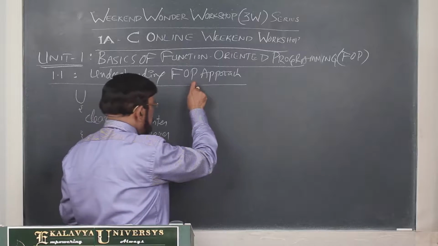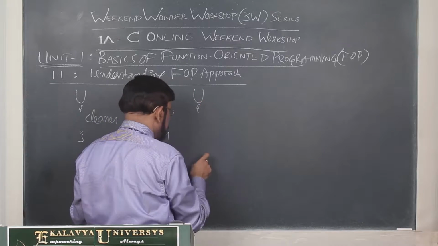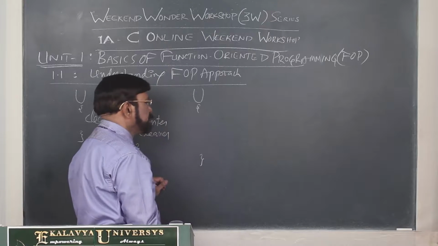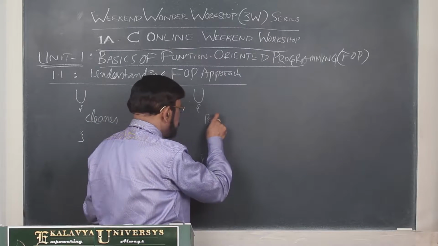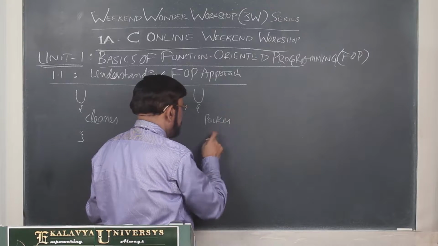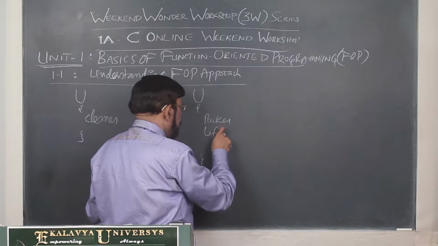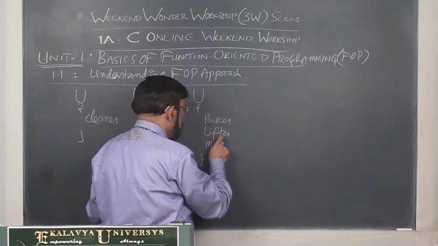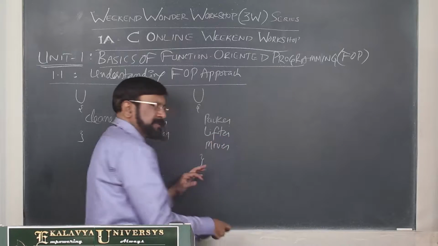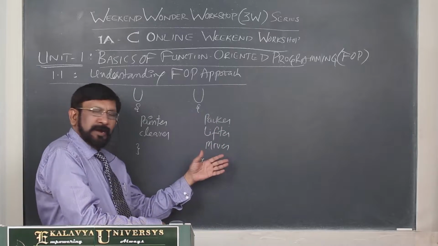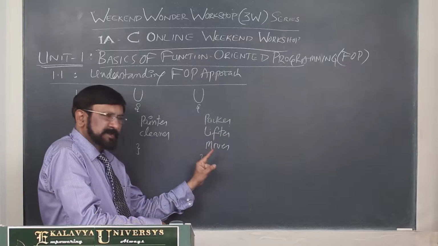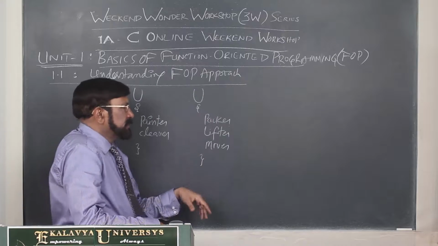You want to get your house shifted from one house to another house. Then you appoint three types of specialists: packer, lifter, mover. Three types of specialists you are engaging, and by their collective contribution, your house got shifted.